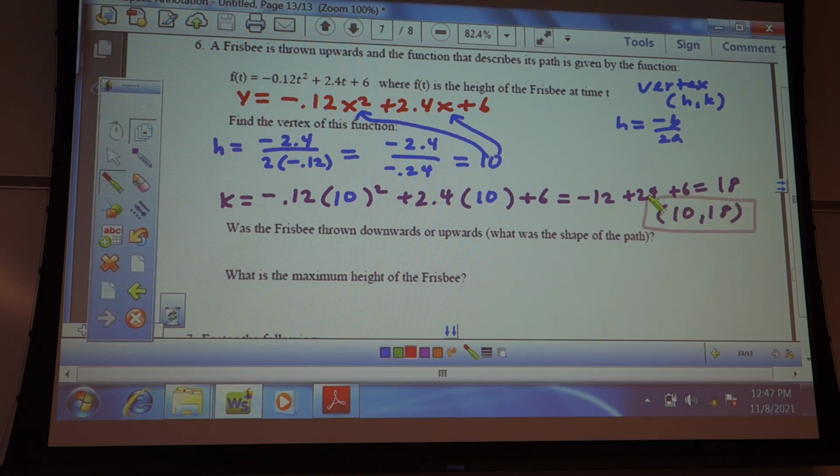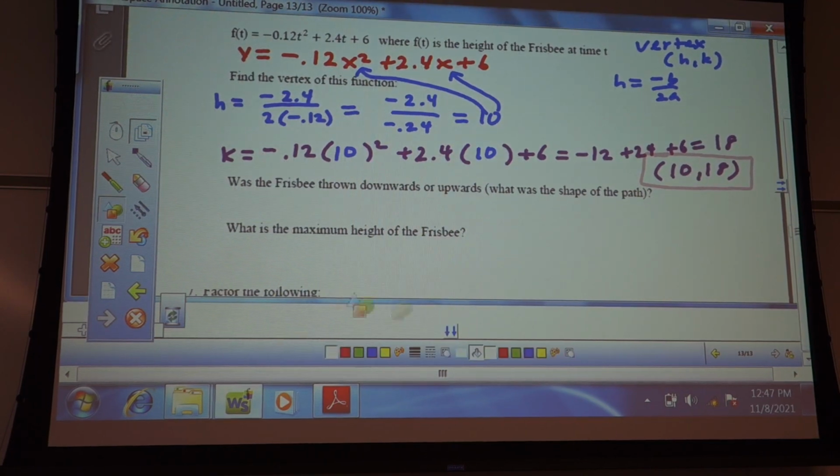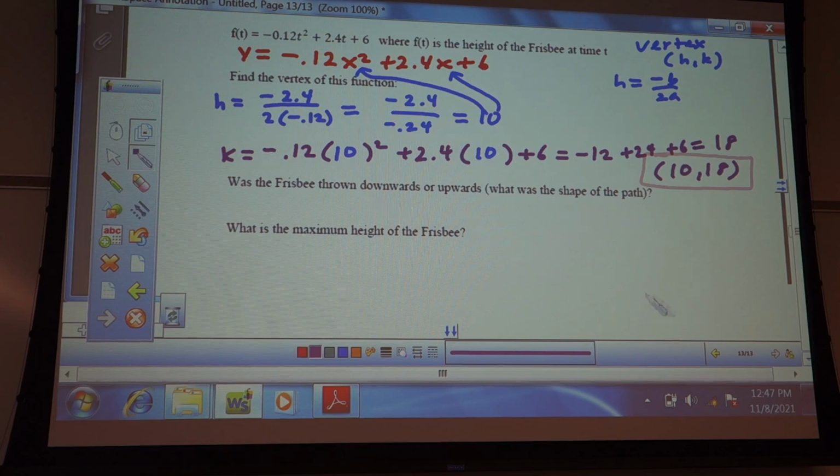Seems good. Now we need to figure out if it's thrown upwards or downwards. So if it's thrown upwards, in other words, what was the shape? Was it unhappy like that, or was it happy like this? Remember, if it's unhappy, that means A is negative.